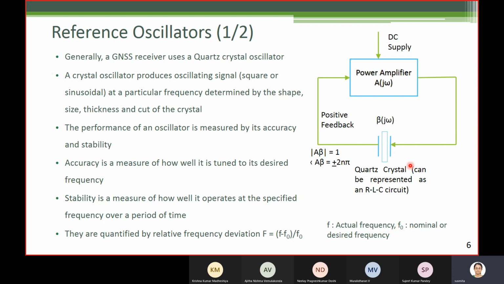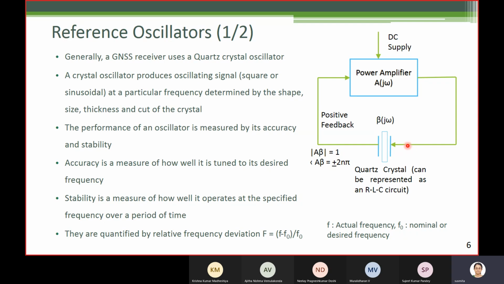Depending on the change in temperature, a correction voltage is generated, and there are some circuit elements other than the crystal whose values can change depending on the voltage. For example, a particular type of diode, a varactor diode: if you change the voltage to the diode, its capacitance changes.